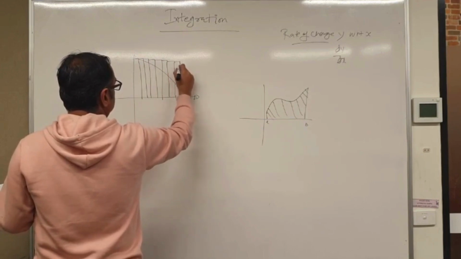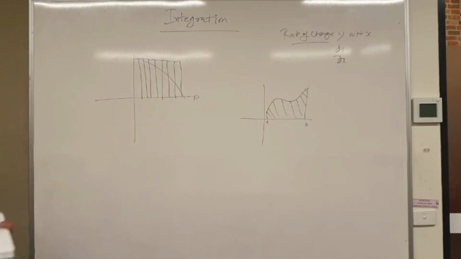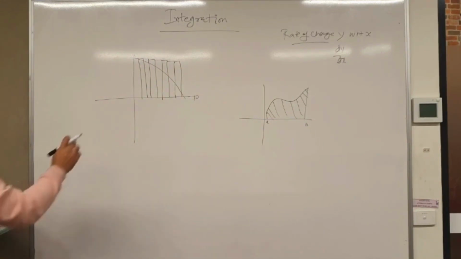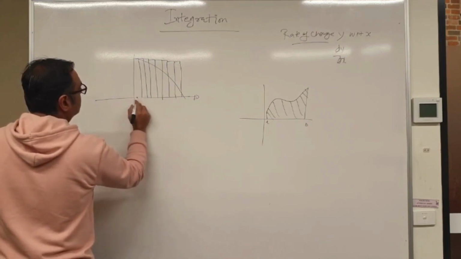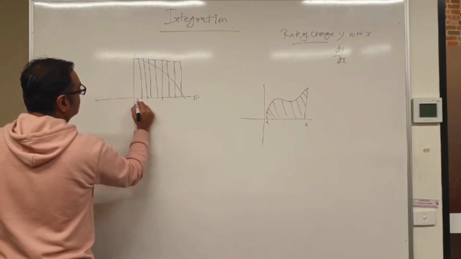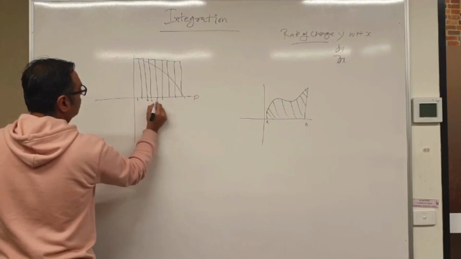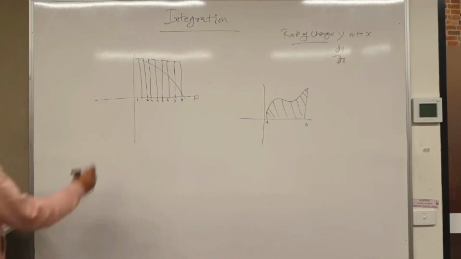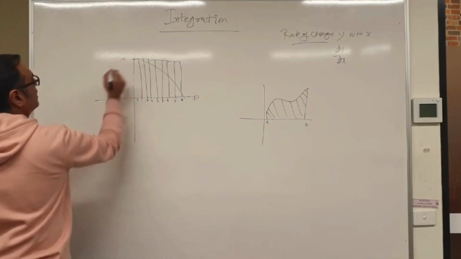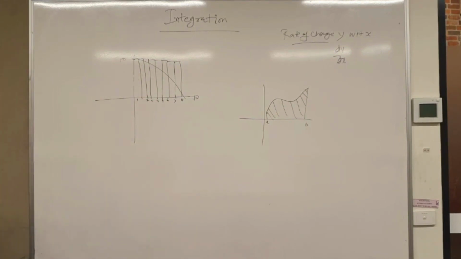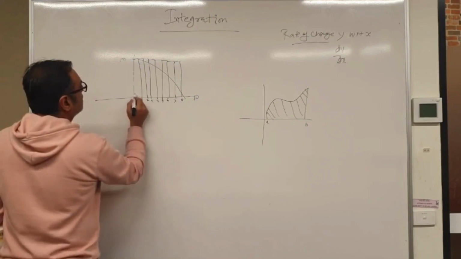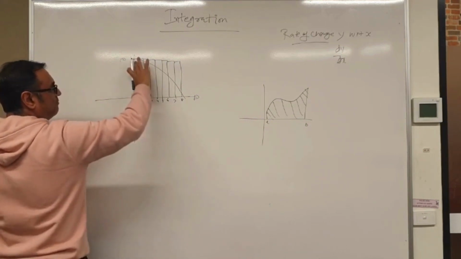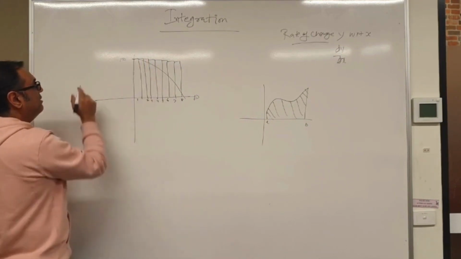Right? And let's say they're equal, so they are 1 unit apart, right? This is 1, 2, 3, 4, 5, 6, 7, 8. And the height is the same, right? Let's say this was 10. So what am I doing? What's the area of one rectangle? 10 times 1, which is 10, right?